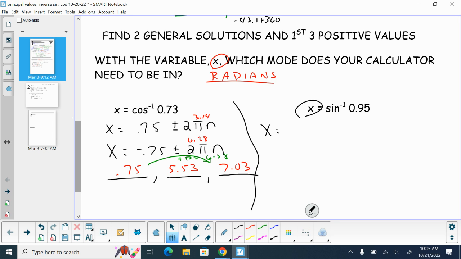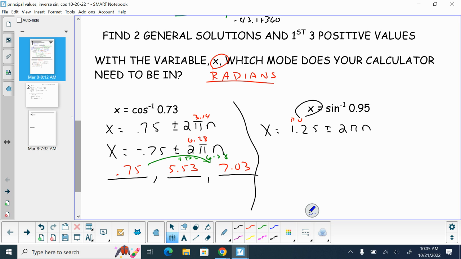What do we come up with, Adam? 1.25 plus or minus 2 pi n. Once again, this is still your principal value. Now we're going to look for the second value. To find the second value, what do we have to come up with? Micah? The supplement.